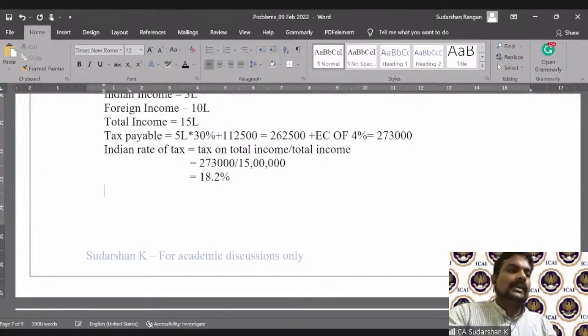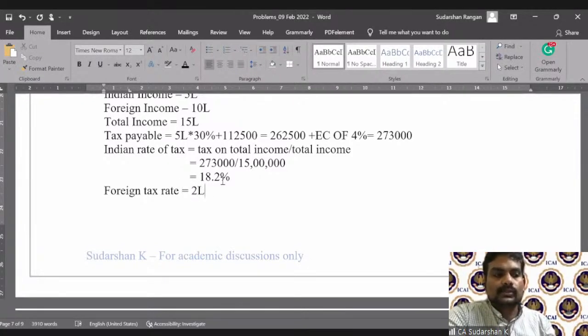Now, what is my doubly taxed income? Let's find out what my foreign tax rate is. Foreign tax rate is simple. On 10 lakhs, my foreign tax is 2 lakhs divided by my foreign income of 10 lakhs, which is 20%.